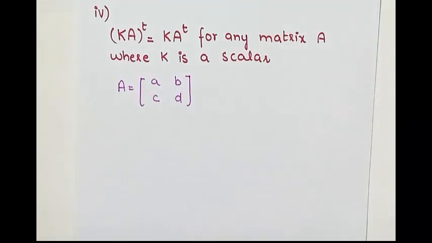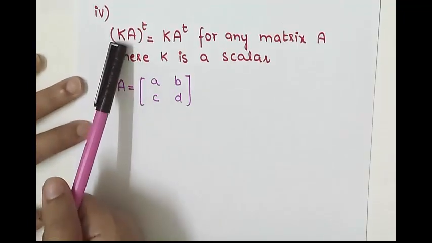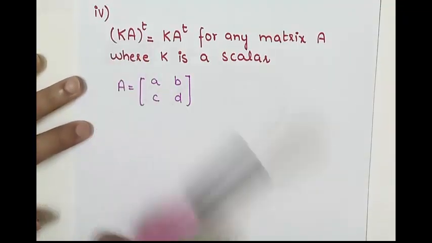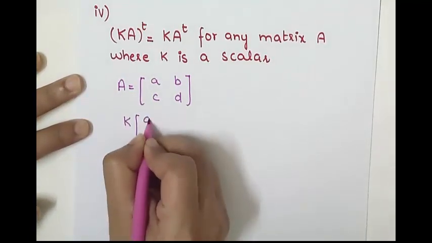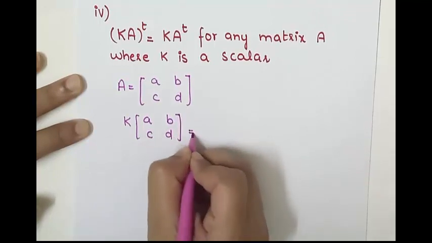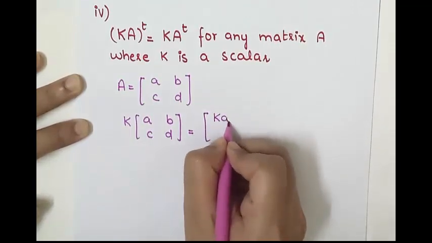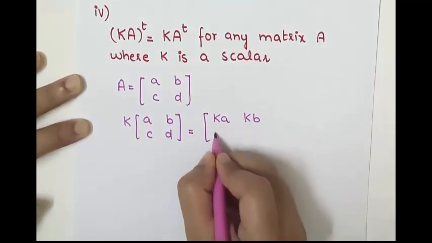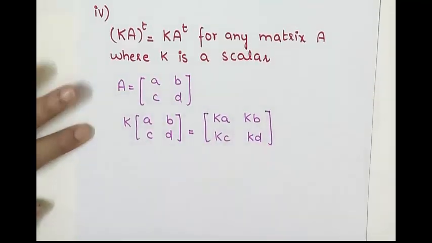Now solving the left hand side of the equation, first we will multiply K, which is a scalar, with the matrix A, like this. Multiplying K with all the entries of the matrix, we have KA, KB, KC and KD.